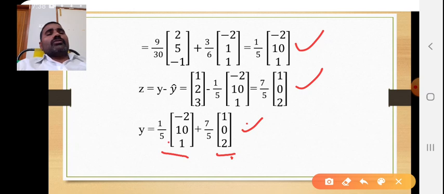These two are perpendicular to each other. We need not take the denominator 5, only the numerators: minus 2 plus 7, 5, and so on.